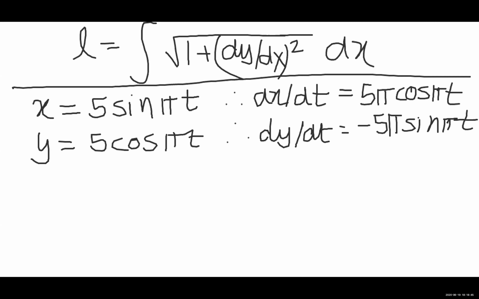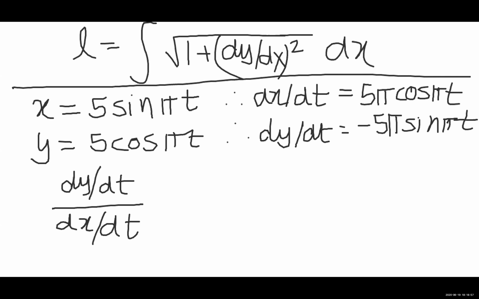Okay, now please notice the next step. This is very, very important. dy by dt upon dx by dt, so I'm basically dividing the two expressions. When I divide the two expressions, on the left hand side, I'm getting dy by dt divided by dx by dt. And remember, I told you that dy by dx behaves like a fraction, where dy is the numerator and dx is the denominator.